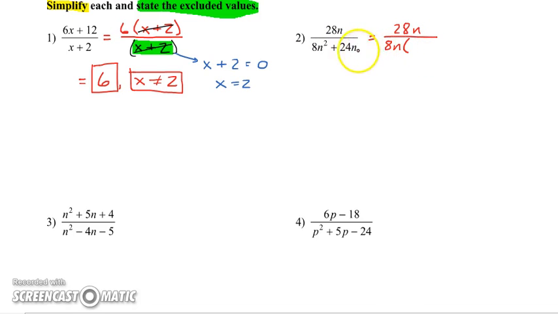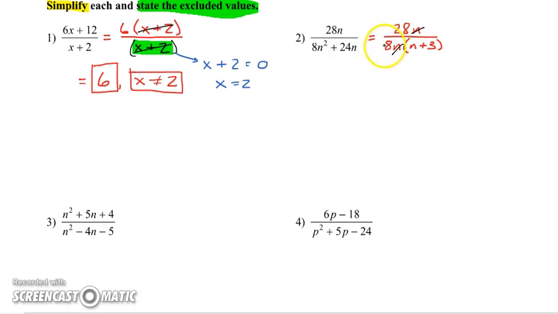I think 8n is my GCF. And to write what's left, I would think of dividing the original denominator by my greatest common factor. So 8n squared divided by 8n is just n. And 24n divided by 8n is 3. And actually, even though they don't completely divide out, I think I can do some simplifying here. I think my n's will divide out.